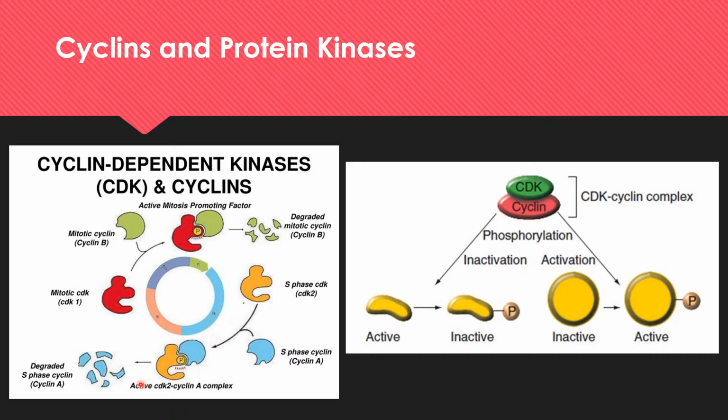And down here it's showing during the S phase, you have the cyclin-dependent kinase 2 meeting up with the cyclin A, and those two come together and they do a function inside the cell cycle as well.